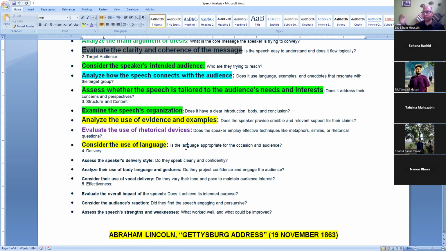Or suppose you are addressing government workers. Your language should suit their language, their expectation, their level of learning. So language is very important. And then the speaker's delivery style. As I have told you repeatedly in my class, you must not look robotic while speaking.